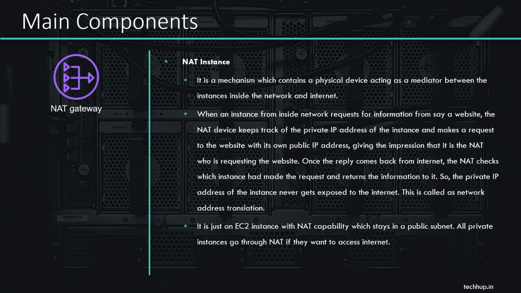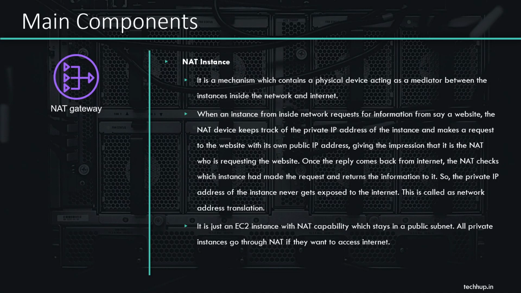It is a fully managed service from AWS, so it scales as per the changing needs. Whereas a NAT instance is an EC2 instance with NAT capability, which stays in public subnet. So the end user is responsible for managing the scaling of NAT instances. So all private instances go through the NAT device if they want access to internet.